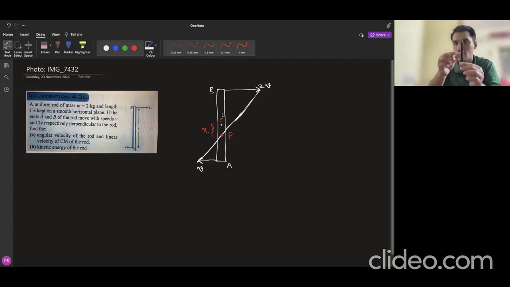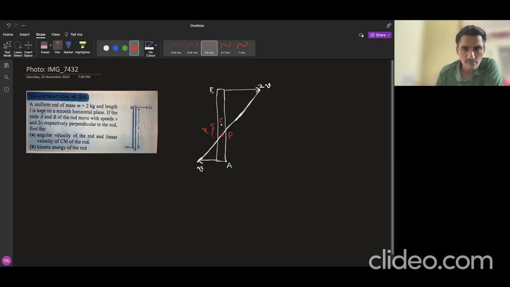If the rod is rotating like this, at that particular instant there will be one point which is exactly at rest. That point is P. Now with respect to that point, we need to calculate the entire rod's angular velocity.